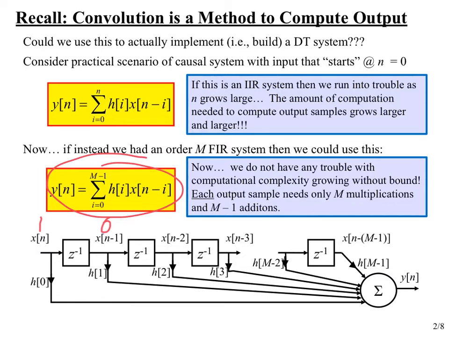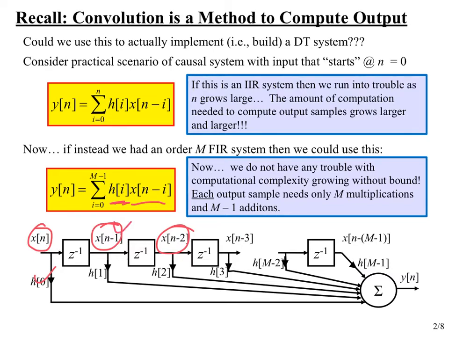As shown in the diagram here, after we've clocked in n samples, we've got x of n here, x of n minus 1 here, x of n minus 2 here, and so on. x of n gets multiplied by h of 0, so that is the case of i equal to 0: x of n times h of 0.